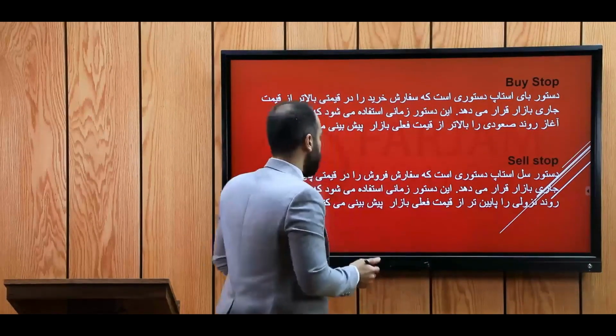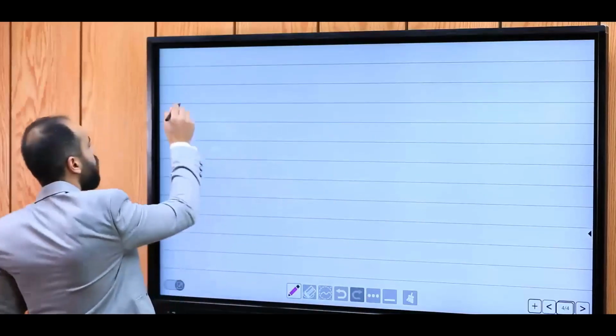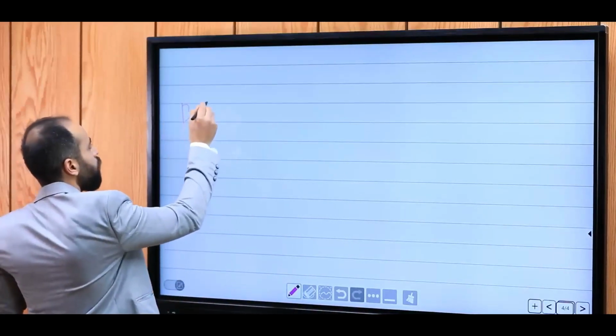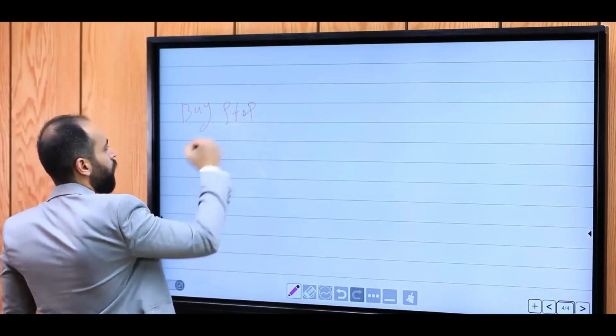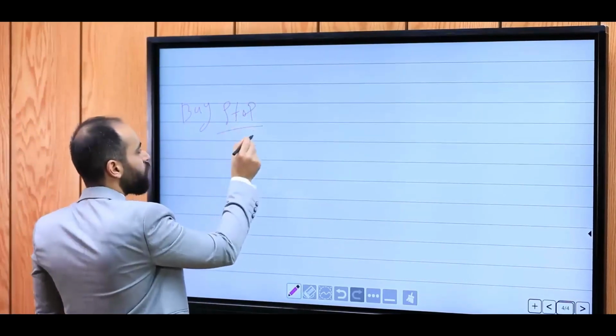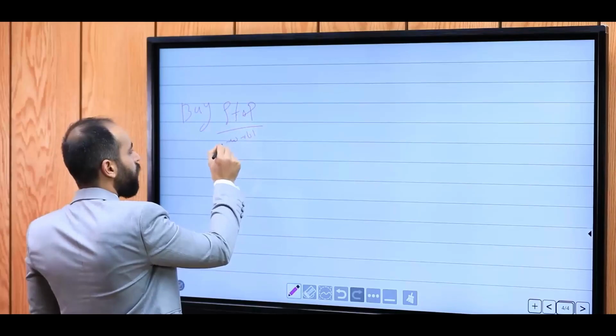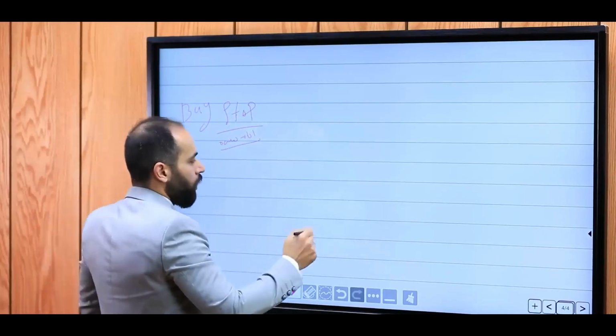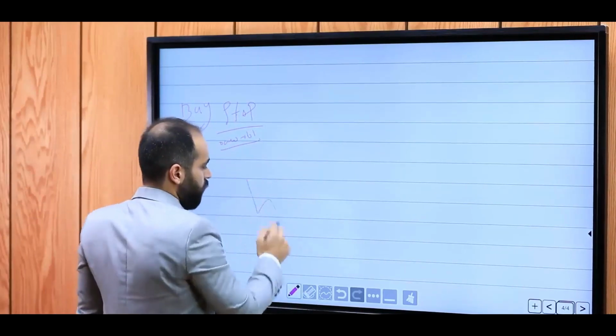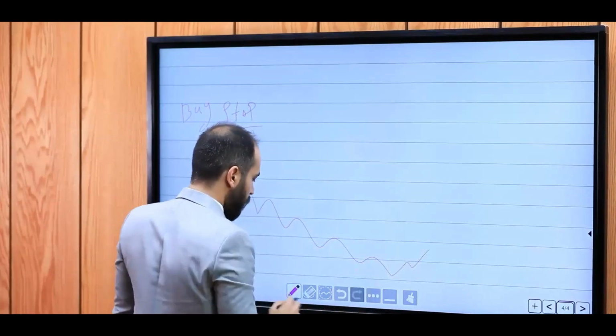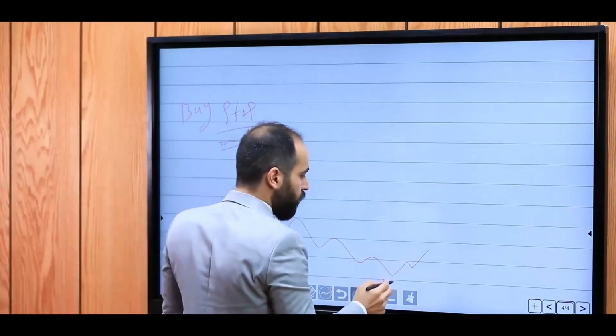Let's take a look at it together. So now we want to talk about buy stop orders, right? We said what stop orders are. This was a continuation of our cheat sheet. Okay, now imagine there was a trend that had been dropping up to this point, and from here, what does it look like? It has started to rise.